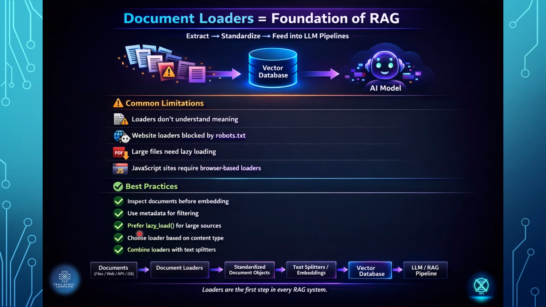The best practices you should always consider are inspecting the documents before embedding, using metadata for filtering, preferring lazy_load for large sources, and choosing loaders based on the content type. Don't do it blindly; ensure whatever you choose is based on what your data source is, and combine loaders with text splitters.